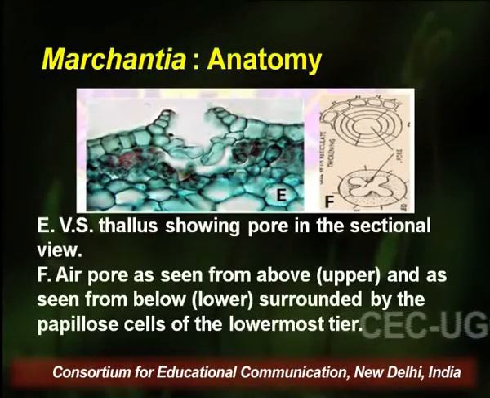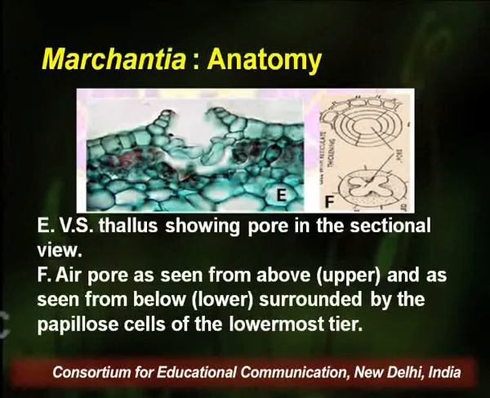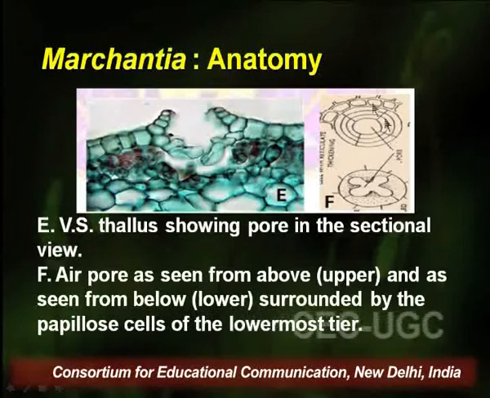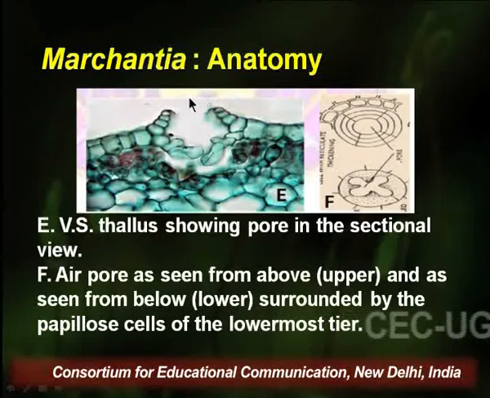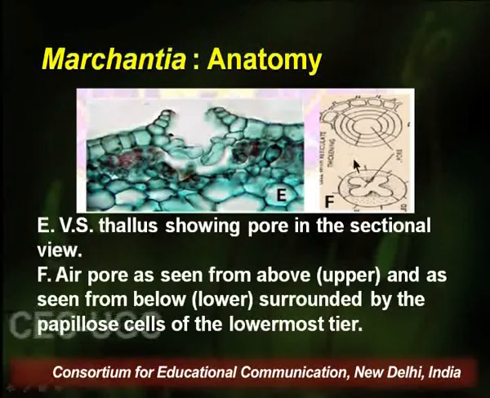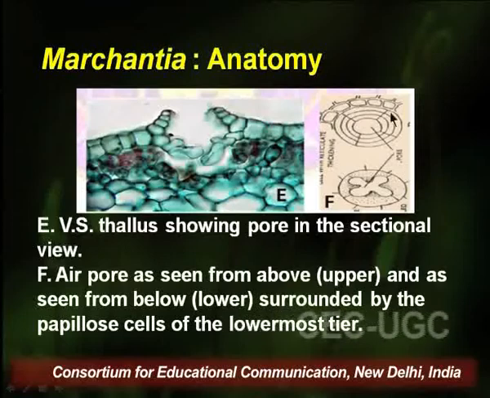In the diagram, you can see a schematic representation of an air pore, which is formed by concentric rings of multiple cells, and in a transverse section you can see the pore in sectional view, and in the other diagram you can see the air pore from the upper and the lower view.